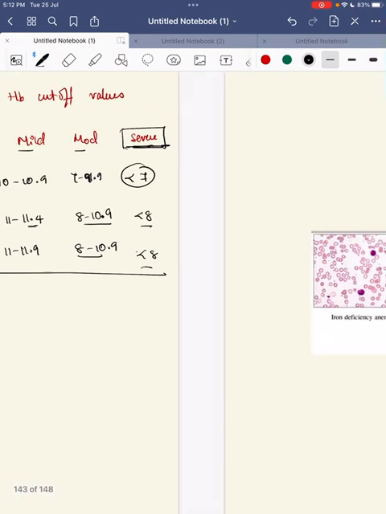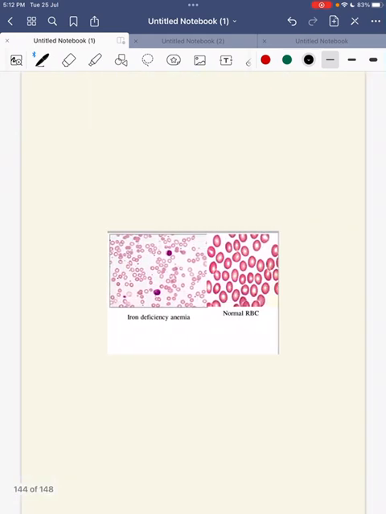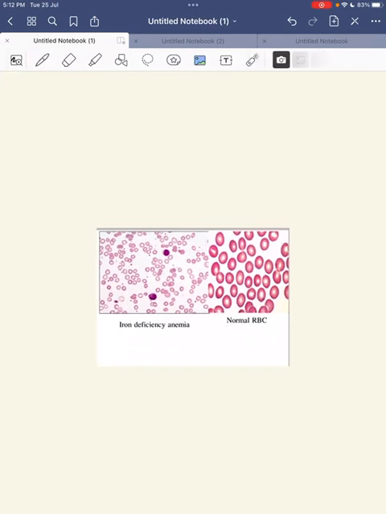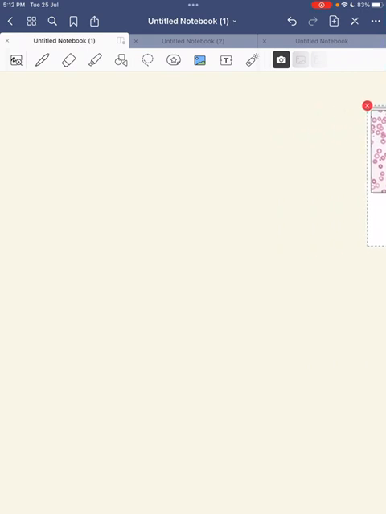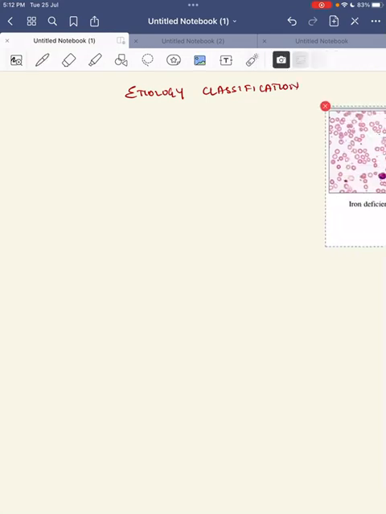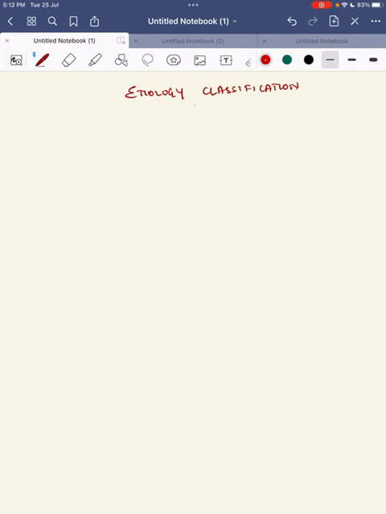Next we will see the classification, that is the etiological classification of anemia. So first is etiological classification. This etiological classification is classified in 3 groups.